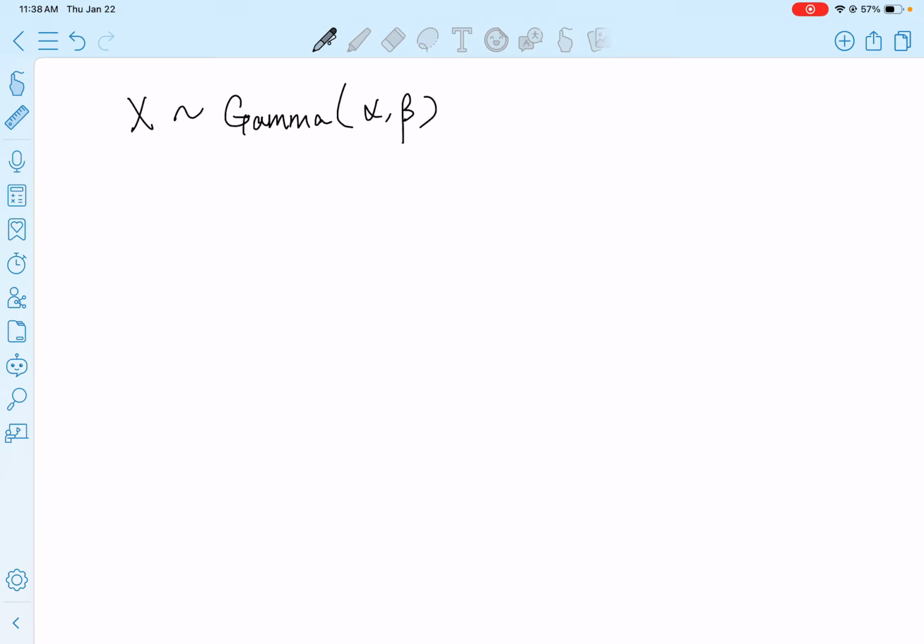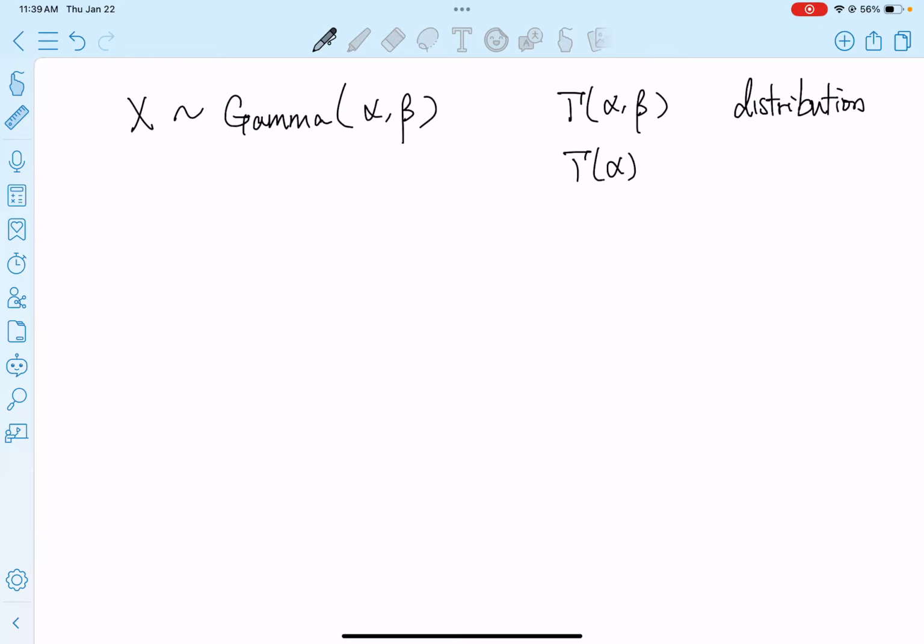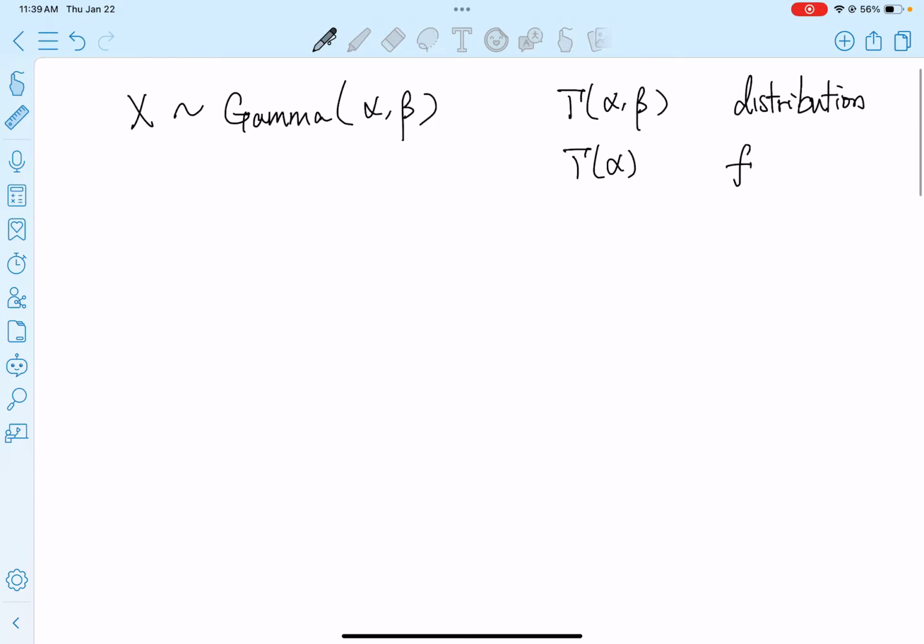Sometimes we also use a Greek letter gamma with two parameters to refer to the gamma distribution. So this is the notation for the distribution. And then we also have a gamma function where you input one parameter, and this is referring to the gamma function.